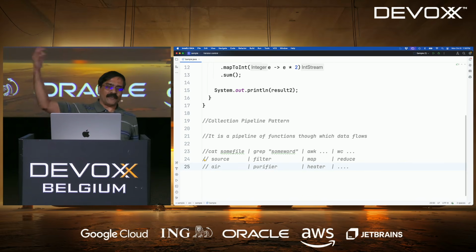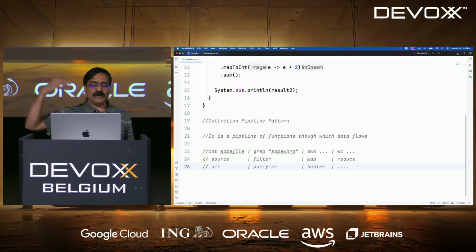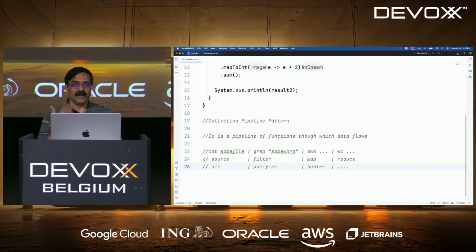So when you get the fresh air from the outside purified, and a heater is heating and warming your room, that's a transformation. So the heater is a function. The job of a heater is to take cold air and to put out warm air. It's a heat transfer function. A purifier similarly is supposed to send only things that are pure. That's the whole idea behind this. So thinking about this as a pipeline.